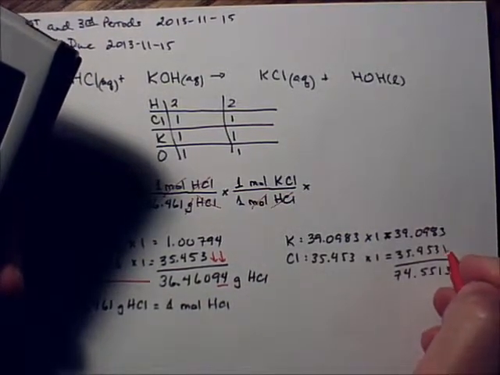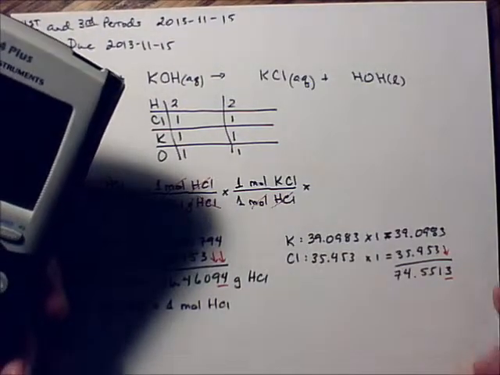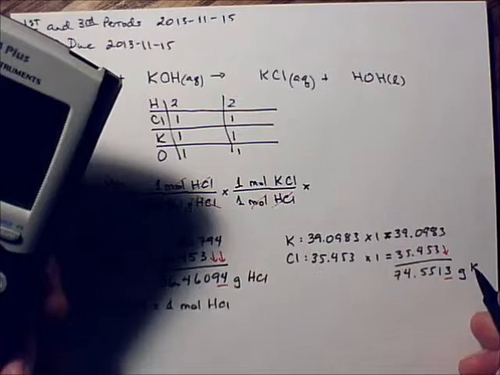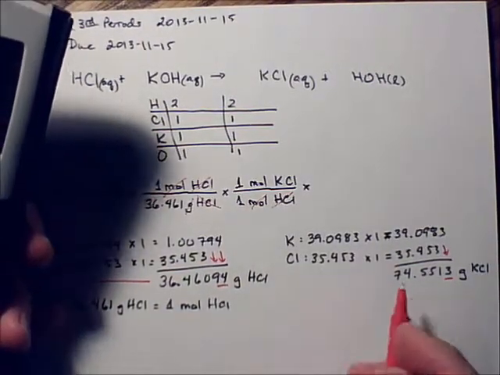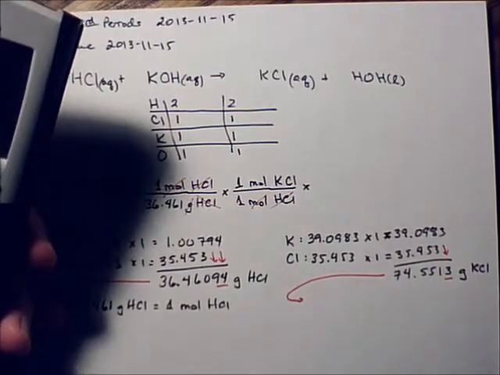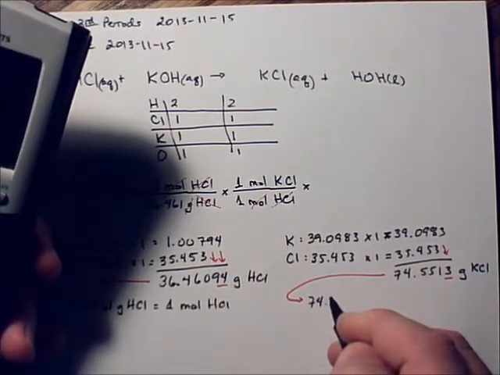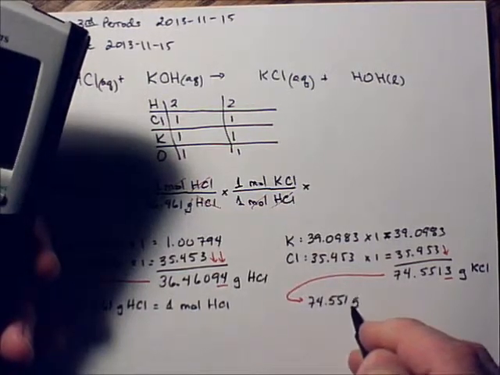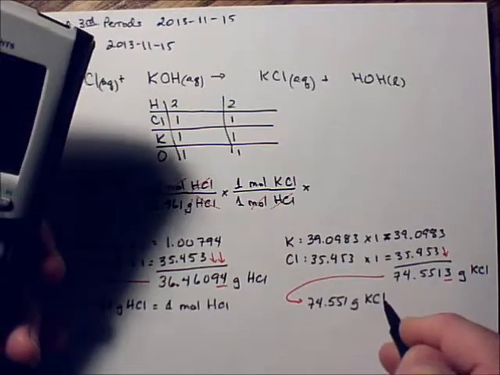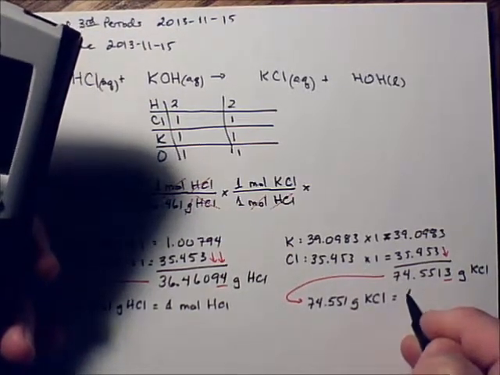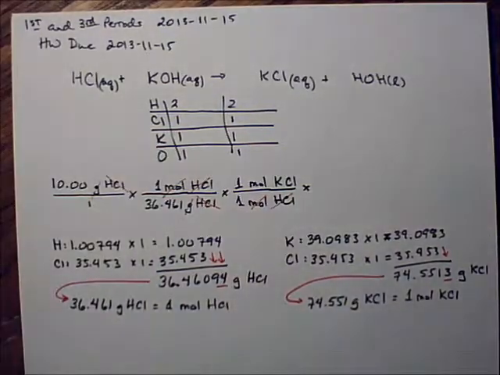Again, we've got an empty slot over here, so we underline that digit, and that's grams of KCl. We're going to round that off then. And we're going to get 74.551 grams of potassium chloride. That's the molar mass, but in this class we're always going to say that equals 1 mole of KCl.